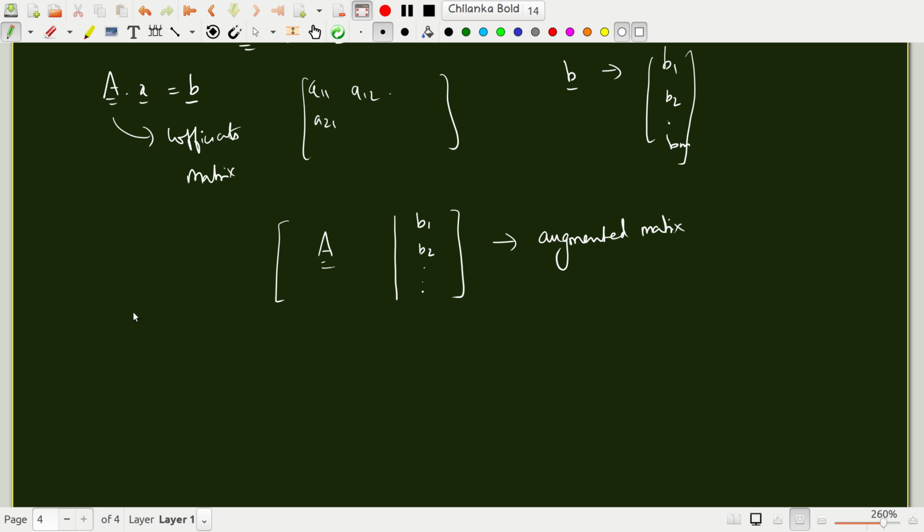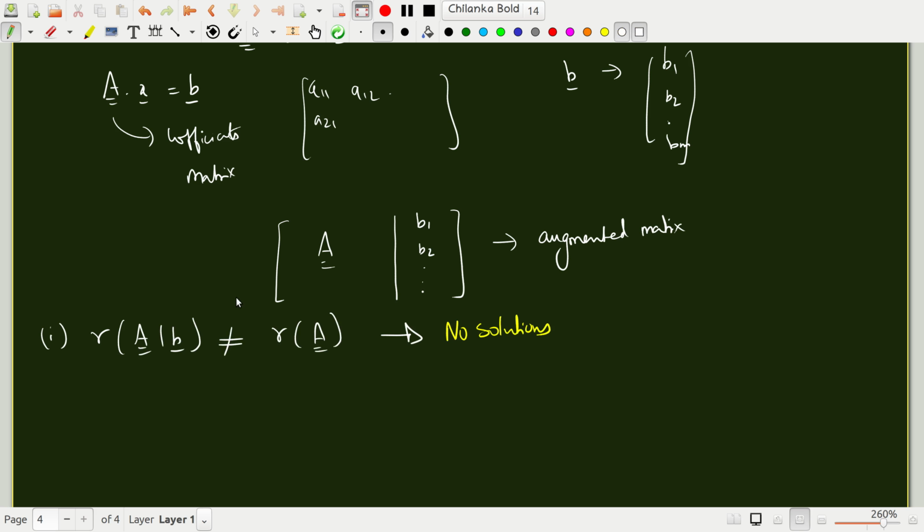So the solution of this system of linear equations depends on the ranks: if the rank of the augmented matrix is not equal to the rank of the coefficient matrix, then there are no solutions to the system Ax equals b.